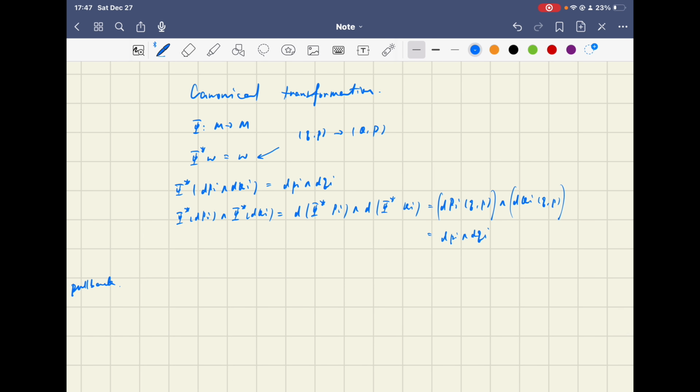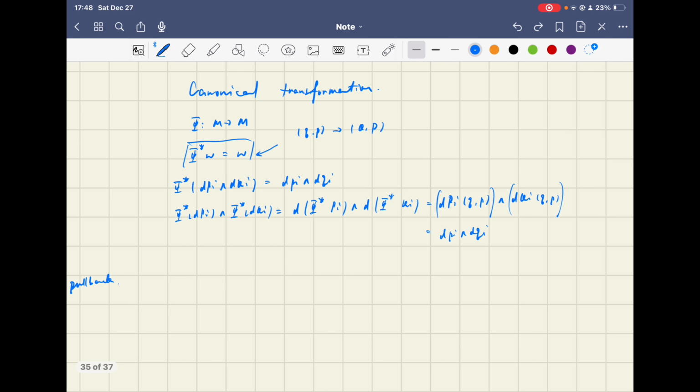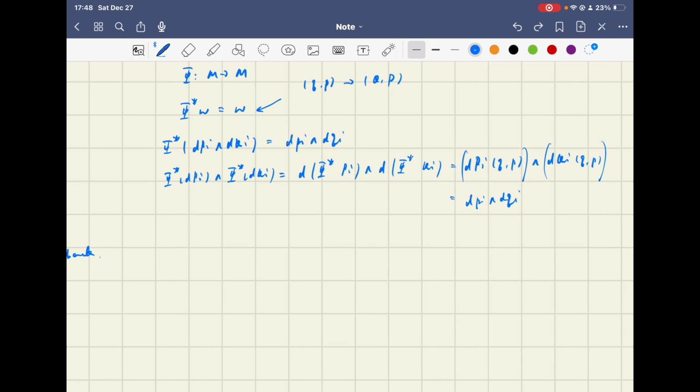Yep, so we have already confirmed that if this equation is satisfied, it essentially means that the 2-form omega is preserved. So let's now verify that if the 2-form omega is preserved, the Hamiltonian vector field will be preserved as well, meaning that the form or structure of all those dynamic equations would stay the same.